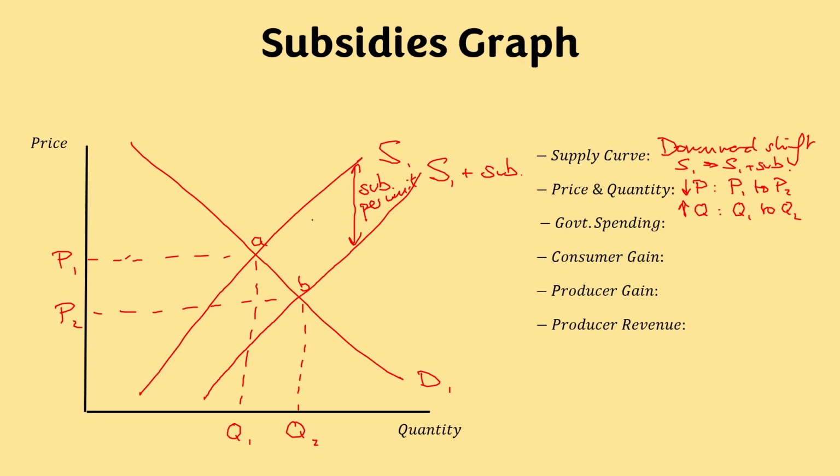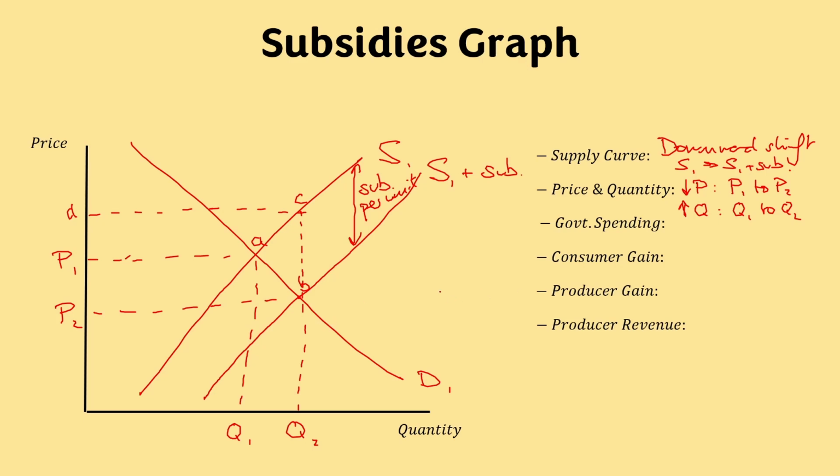Therefore, in order to calculate the government spending or the government cost, right, we need to go at our new equilibrium, the equilibrium we sit at currently with the subsidy. And again, we go up, the vertical distance, because this is the subsidy, and we go horizontally as well, which we could call, let's say, D and C here. Okay, great.